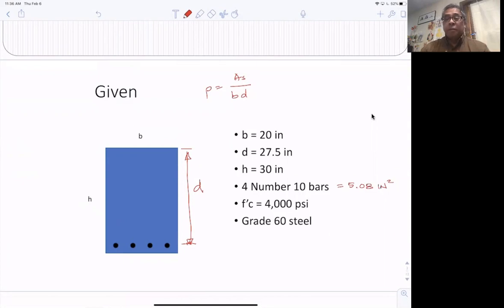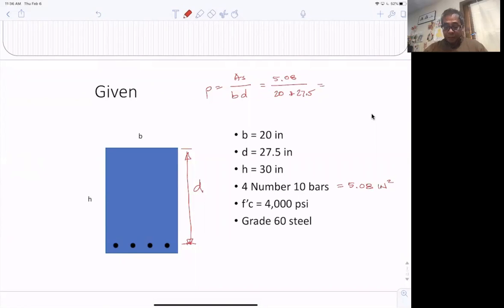The concrete below the middle of the steel, we're not going to worry about. So if I do that, I get 5.08 divided by 20 times 27.5. Okay, so this number will tell me if it's a lot of steel or not.